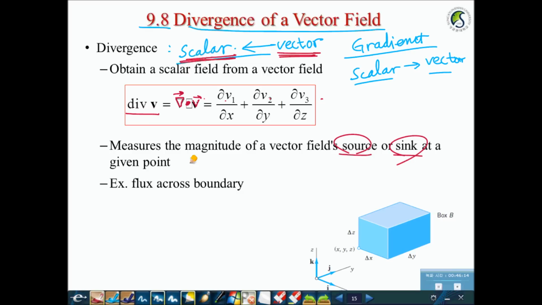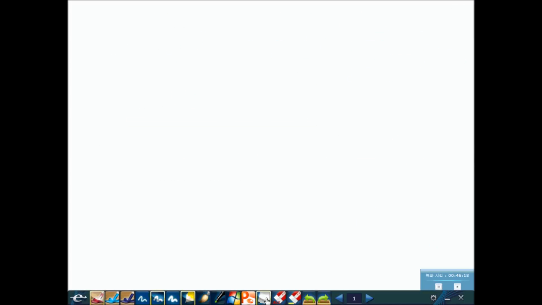The magnitude, okay? If we write it this way, this is source, okay? So each vector represents the magnitude of the vector field itself. And let's say this is source, this is sink.